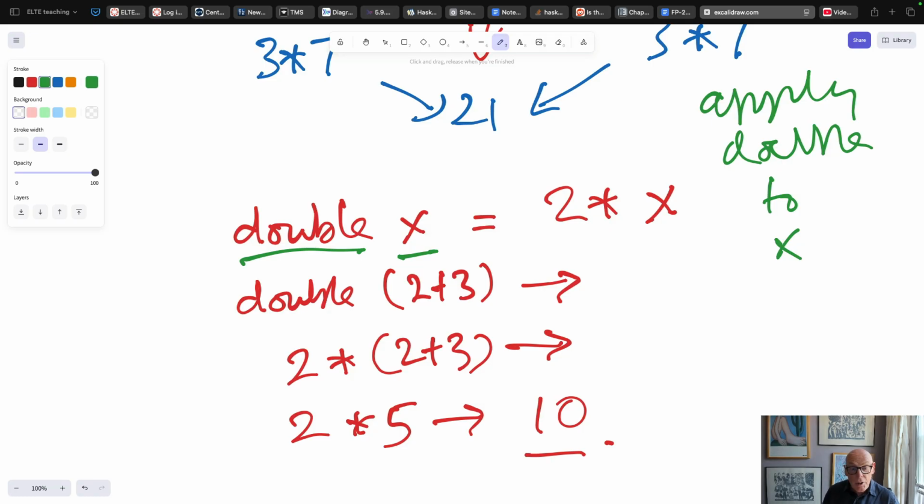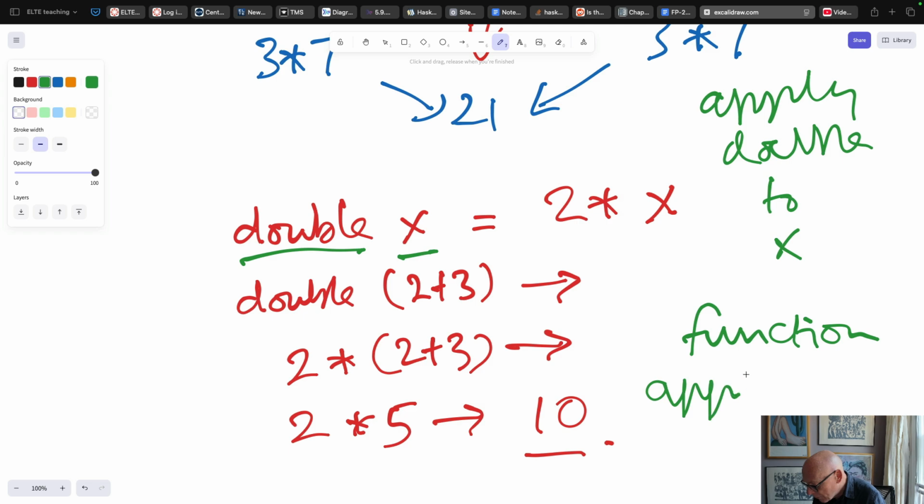That's how we write function application in Haskell. And so when you apply double to x, the answer is 2 times x. And then we work with that just as we would work with any other function, like the built-in functions plus and times and so on.